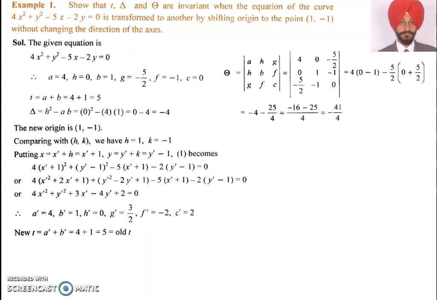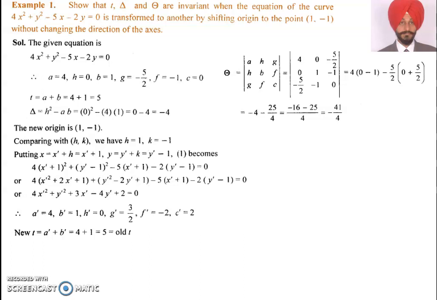So putting x is equal to x dash plus h and y is equal to y dash plus k. So what we got? 4 into x dash plus h square plus y dash minus 1 square minus 5 into x dash plus h minus 2 into y dash minus 1 is equal to 0.